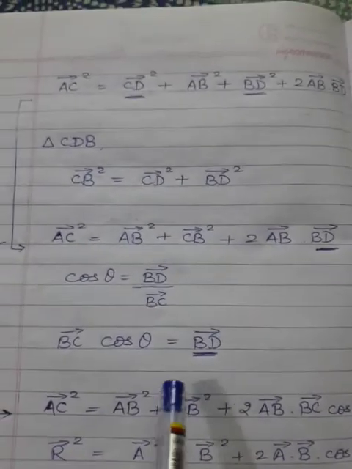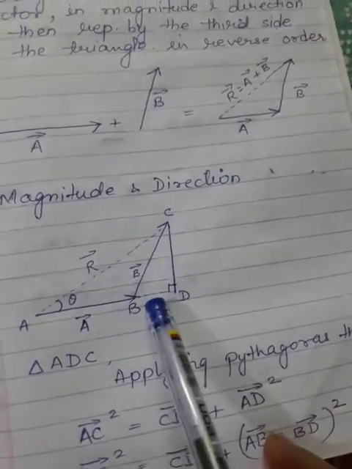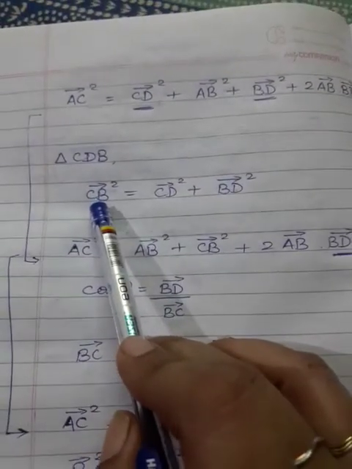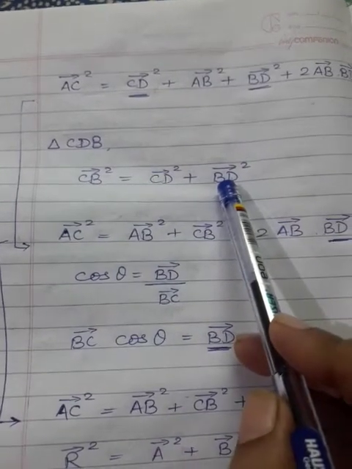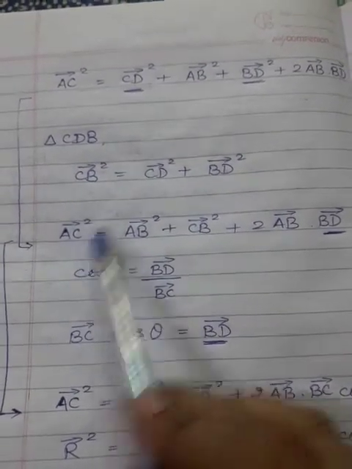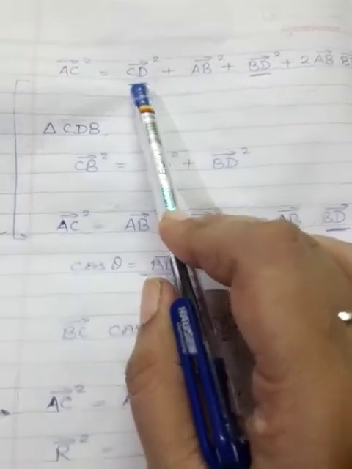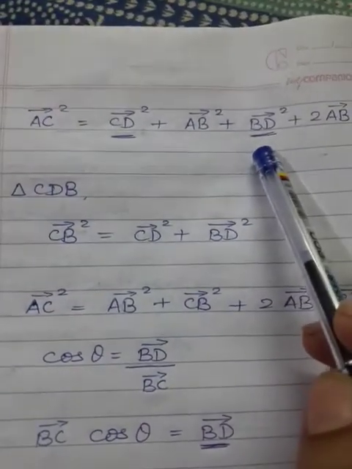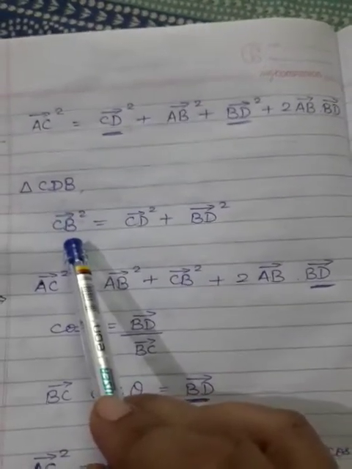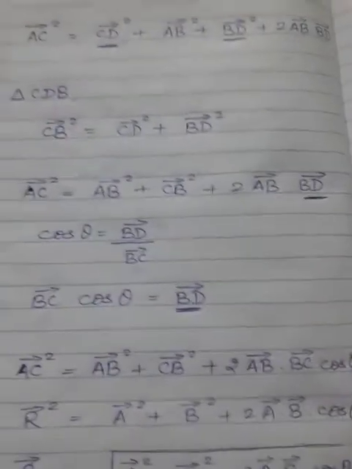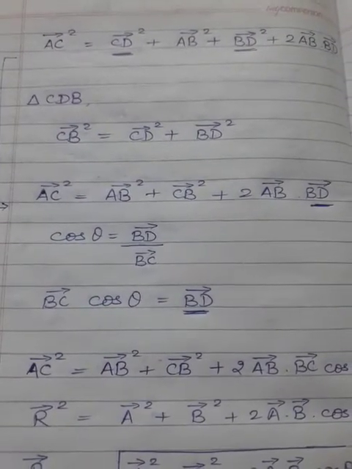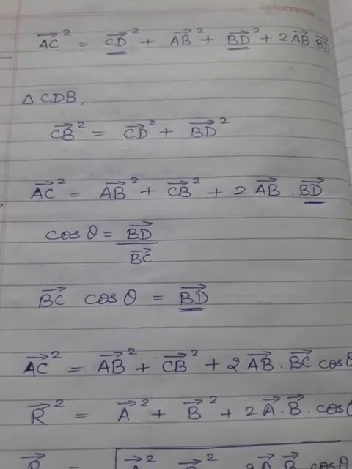Now again consider the small triangle, that is, the outer triangle CDB. Considering this, CB square is equal to CD square plus BD square. Substituting this, in place of CD square plus BD square we put CB square. Hence, vector AC square is equal to vector AB square plus vector CB square plus twice vector AB into vector BD.